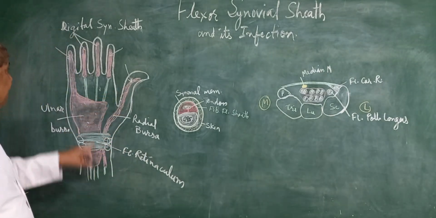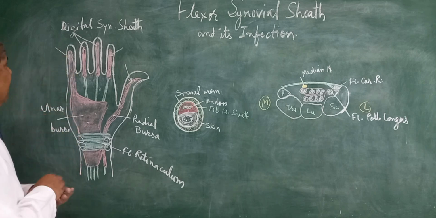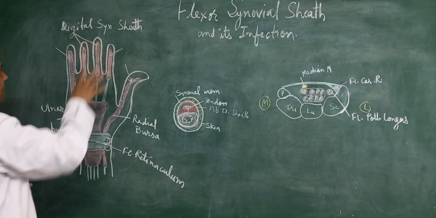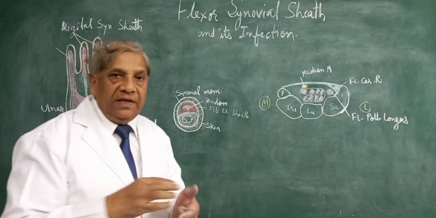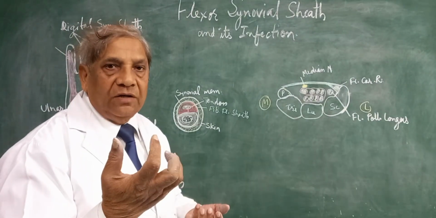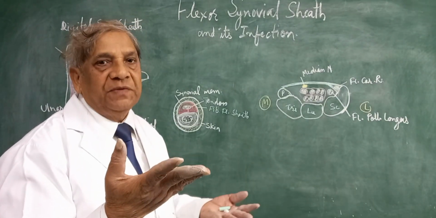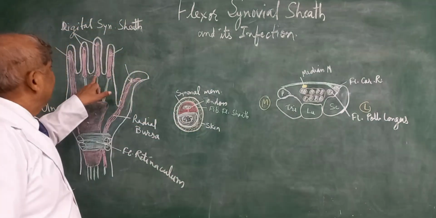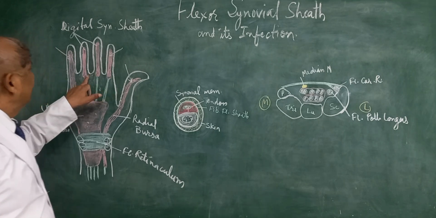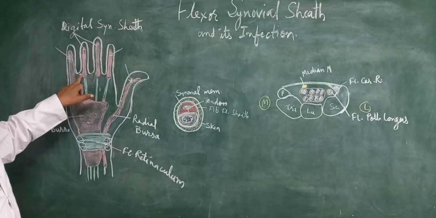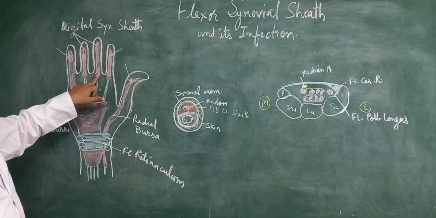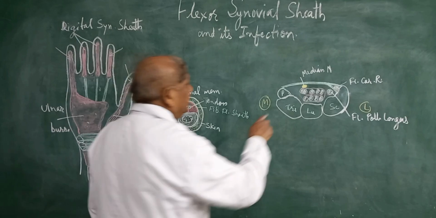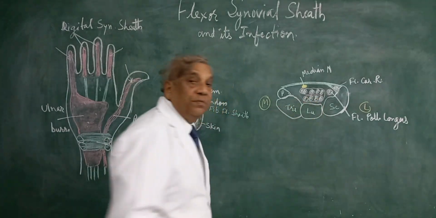For the thumb it will spread here, and for the little finger it will spread here. If the infection is in the digital synovial sheath, there will be swelling in front of the finger. The finger cannot be flexed or bent, and it will be painful. If the pus collection is more, it will rupture towards the proximal end of the synovial sheath, and the pus may collect deep to the tendon in the mid palmar space.